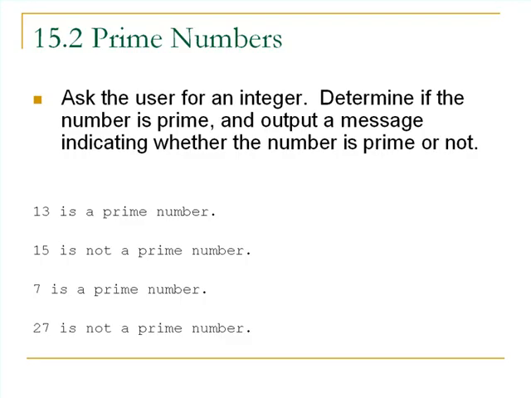Go to the code that we just developed to find the factors of a number and modify it so that it will determine if a number is prime. So we're going to ask the user for an integer, and we're going to calculate if it's prime and output only one time whether it's a prime number or not.